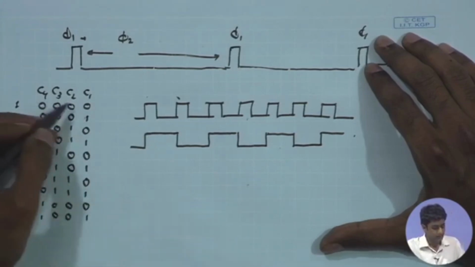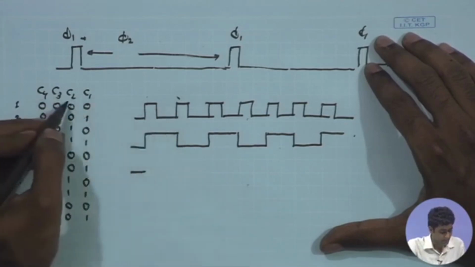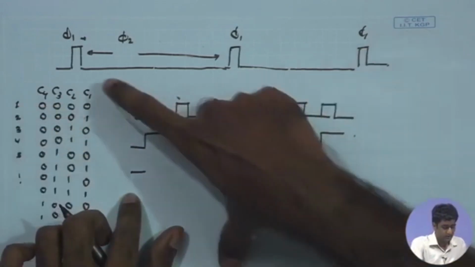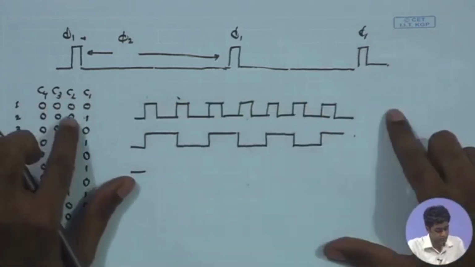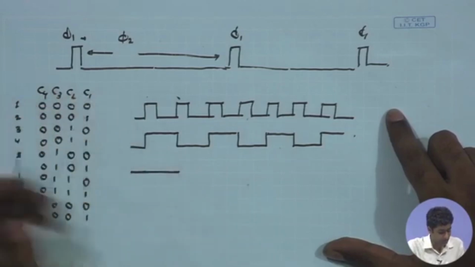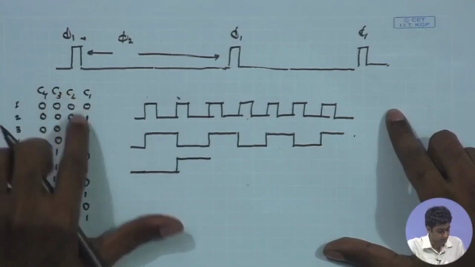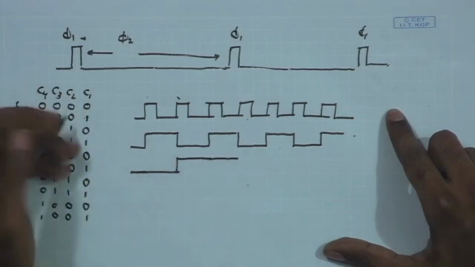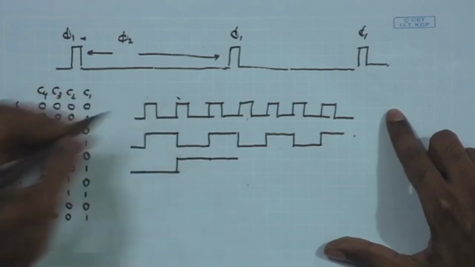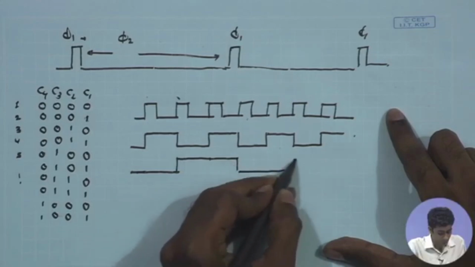Likewise, if I look at C2's behavior, C2 is starting from 0 and after C1 goes down, C2 goes up, and then once again at the next transition of C2, when C1 goes up and once again C1 goes down, once again we have the C2 waveform propagating.